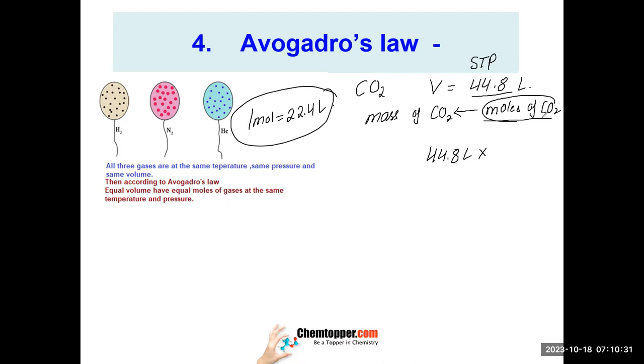Arjun, how many moles? Naisha, how many moles? And then the molar mass. And the molar mass of CO2 is 44 grams per mole. That's the dimensional analysis, isn't it?